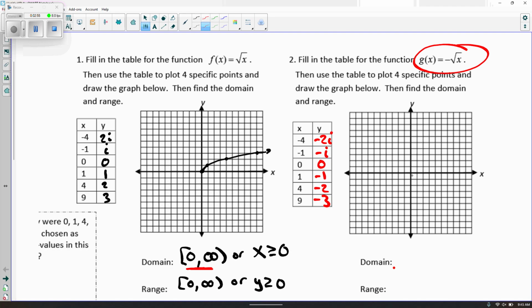So as you can tell, the underneath side of this is a reflection. Your domain is, whoops, it is 0 to anything. So nothing changed there. And my range is -50 to 0.